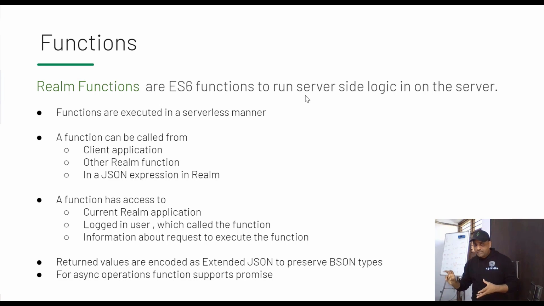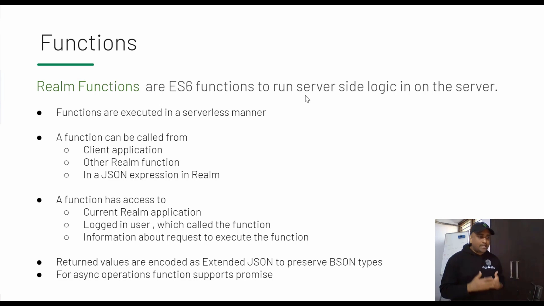Once data is inserted, due to the insertion of the record, a trigger is getting triggered, and then that trigger is calling a function, and that function is making a call to Azure Cognitive Services and then updating the document. So a function can be called from a client application, it can be called from a Realm function, and you can call it from a JSON expression as well.